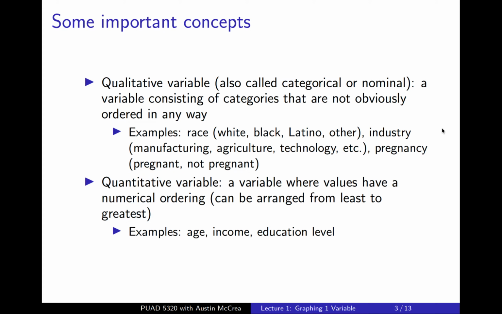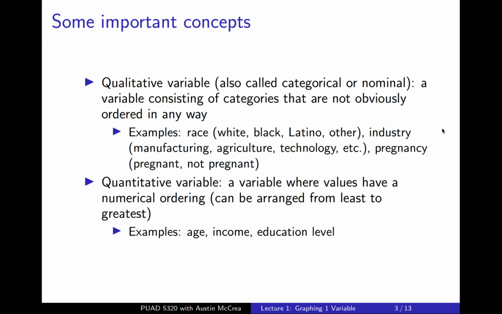Now, within the idea of a variable, we can make this distinction between a qualitative and a quantitative variable. Starting off with qualitative variables, these are also known as categorical or nominal variables, and they consist of categories that are not obviously ordered in any way.